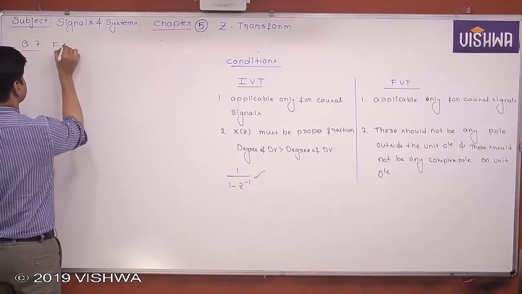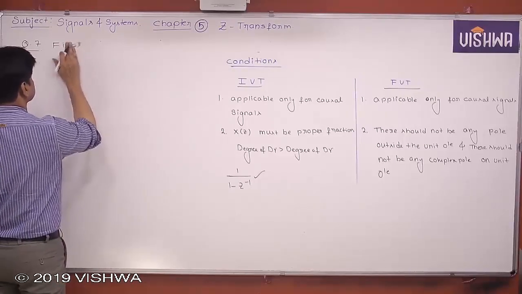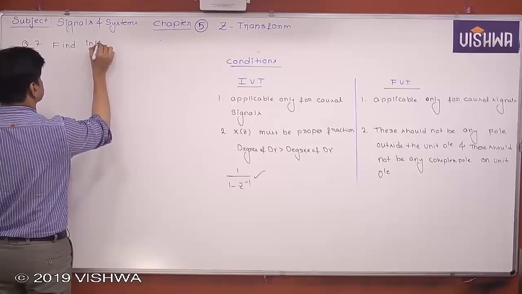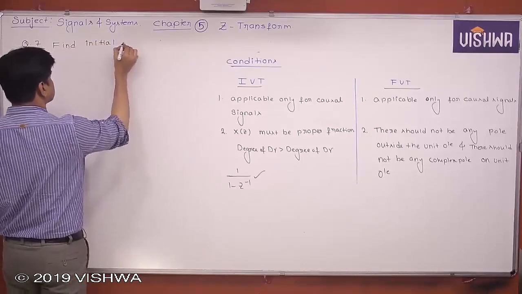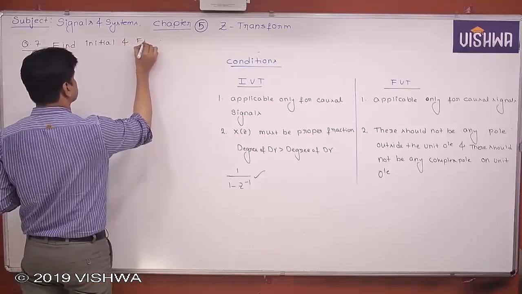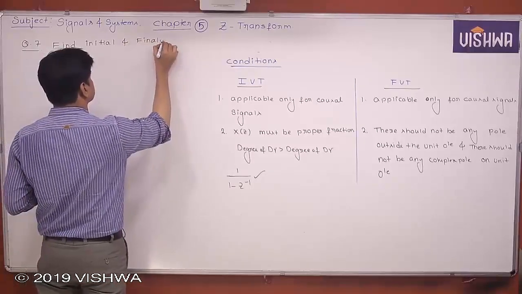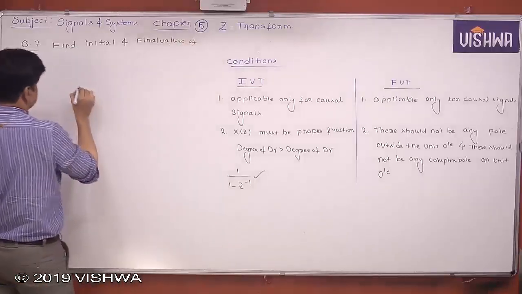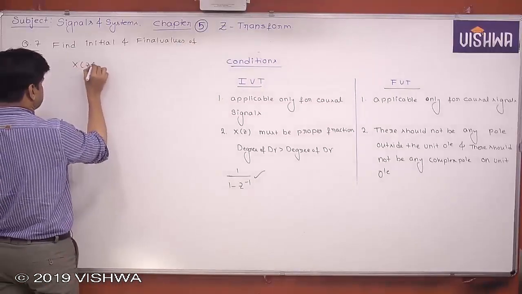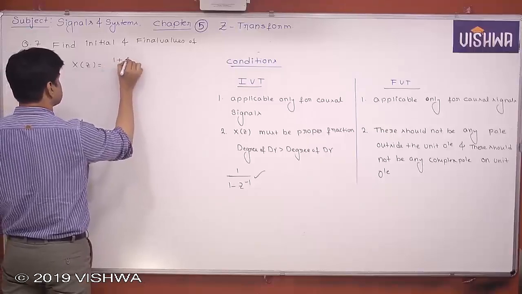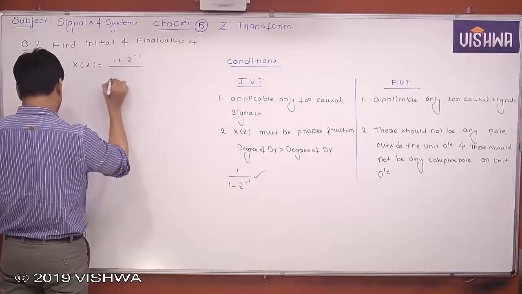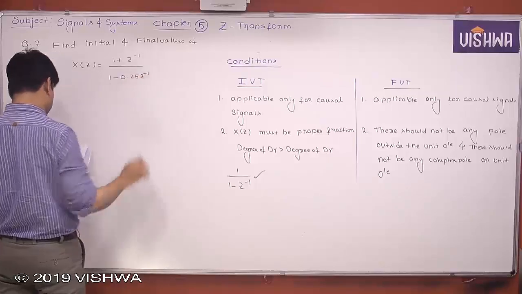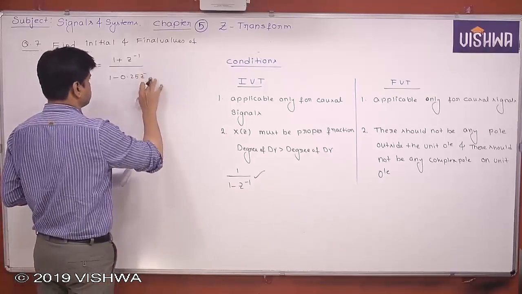Find the initial and final values of x of z is equal to 1 plus z inverse by 1 minus 0.25 z to the power minus 2, sorry.